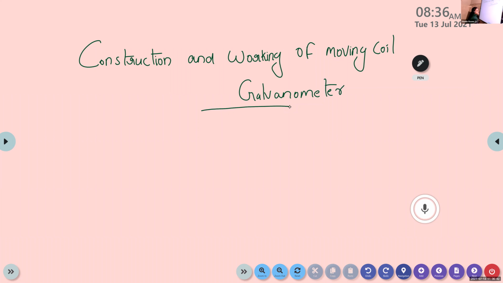Galvanometer is a device that is used to detect the presence of current in a circuit. Now we can explain the construction and working of the moving coil galvanometer.